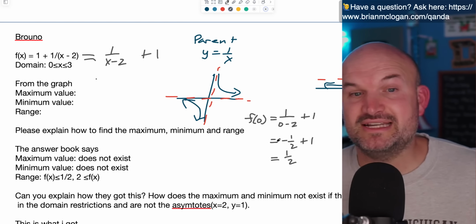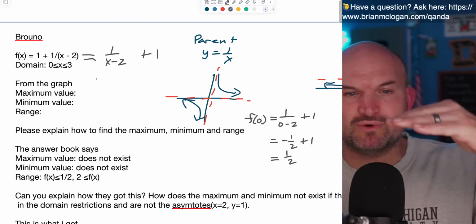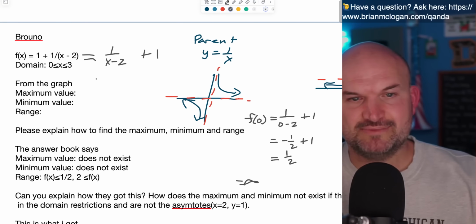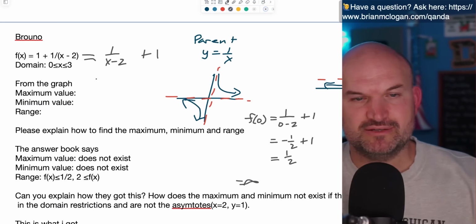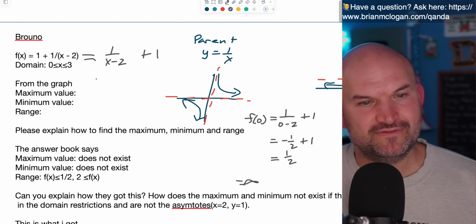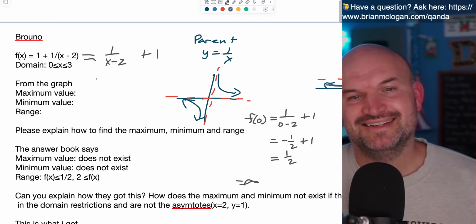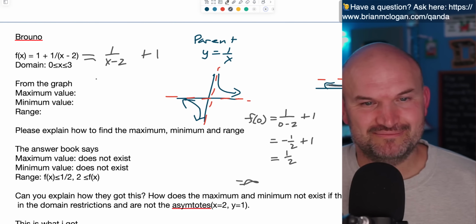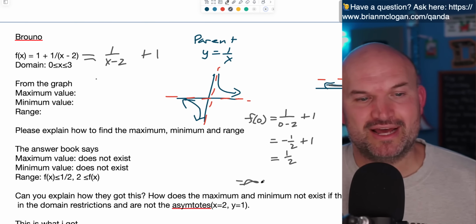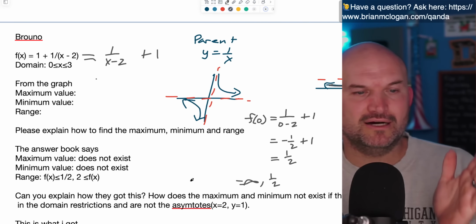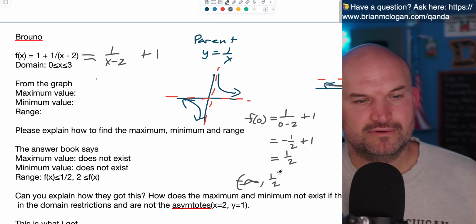You can see this graph goes all the way down to negative infinity, but the highest point it's going to reach is a positive 1/2. So the graph goes like that from there. There's your y value, positive 1/2, and that's how they got that value. So f of x is less than or equal to a positive 1/2.